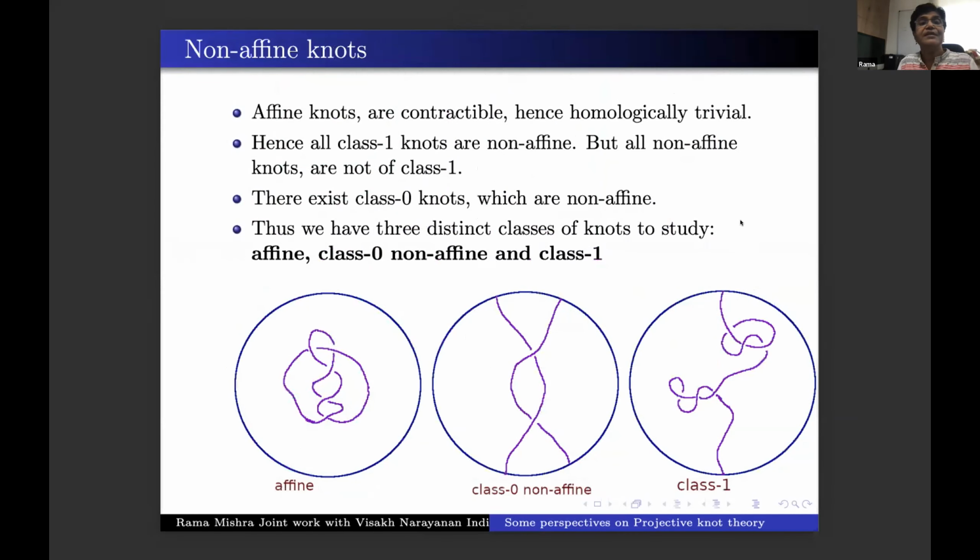So affine knots are all contractible. Therefore, they are homologically trivial. But all class 1 knots are non-affine, whereas non-affine knots may not be class 1. There are a lot of class 0 non-affine knots. So we have 3 distinct classes of knots to study in RP3: the affine ones, class 0 non-affine, and class 1.